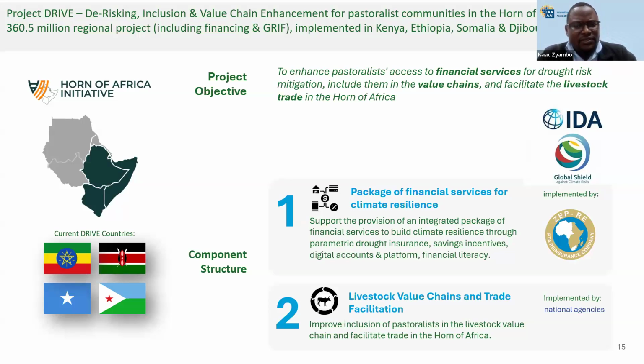This is important because it helps us unlock questions around affordability for the pastoralists, because the pastoralists cannot, or a farmer cannot afford insurance if they are not economically active. So the key here was to try and unlock economic activity around the pastoralists so that they can afford services such as insurance and other financial services. We'll go to the next slide.